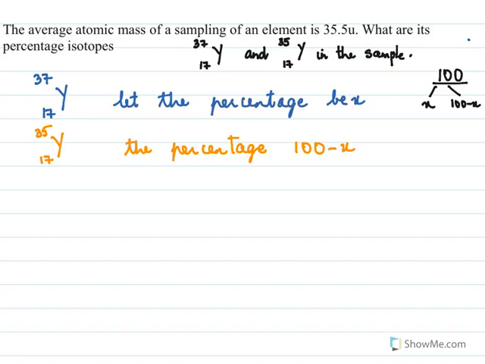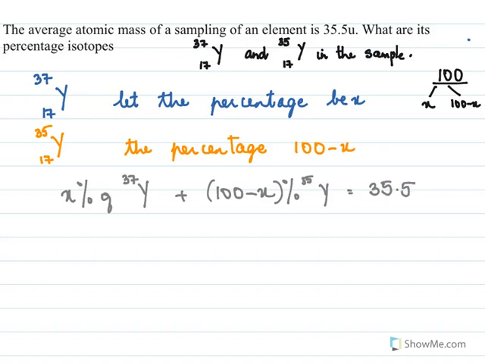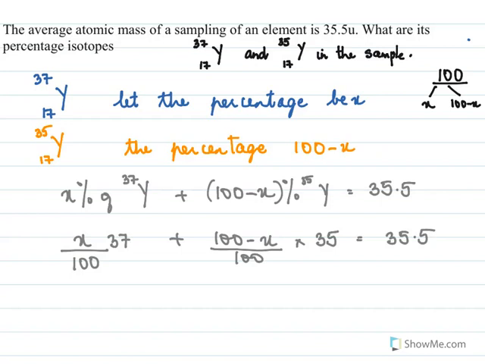We use the formula: X percent of 37 plus 100 minus X percent of 35 equals 35.5.